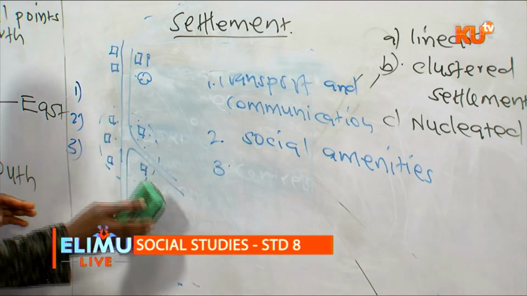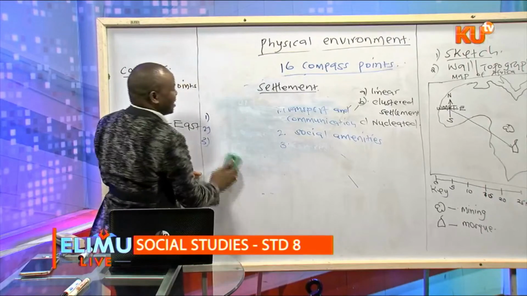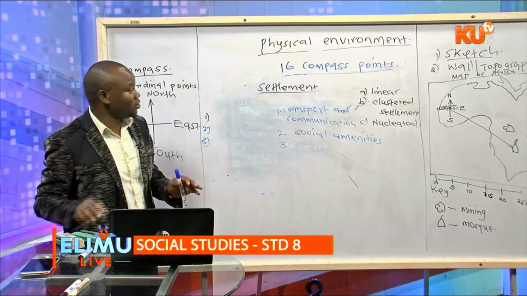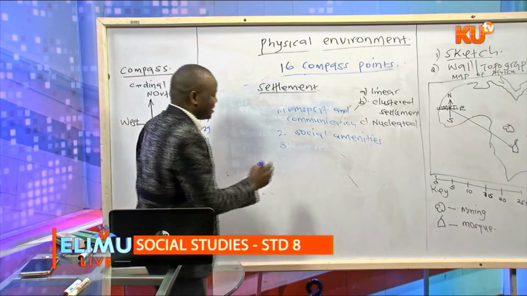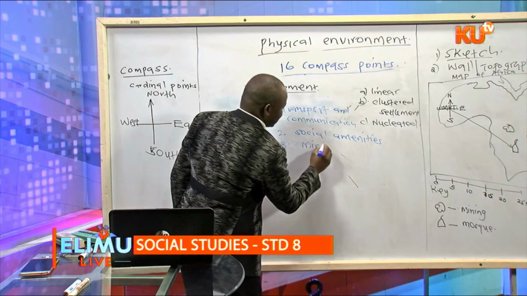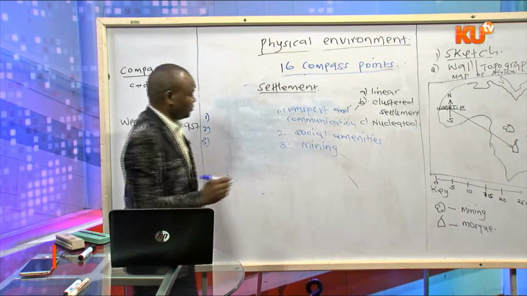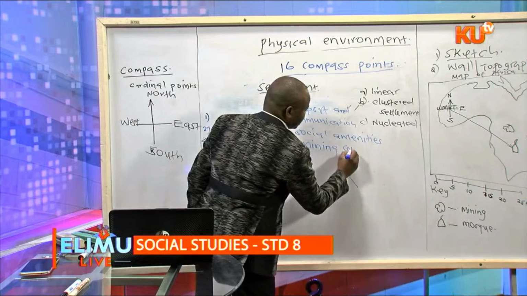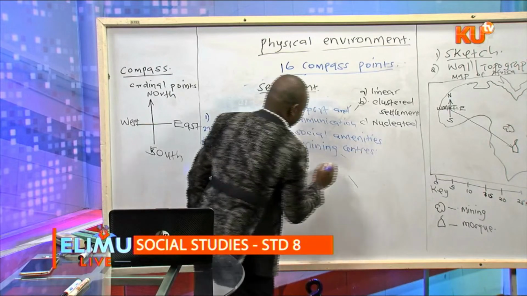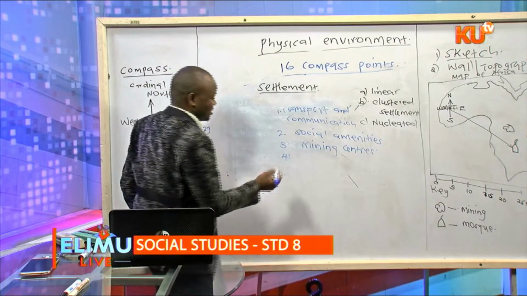Then there is also something else that can be a factor, and that is other social and economic activities. It can be mining centers. Another factor can be government policy.